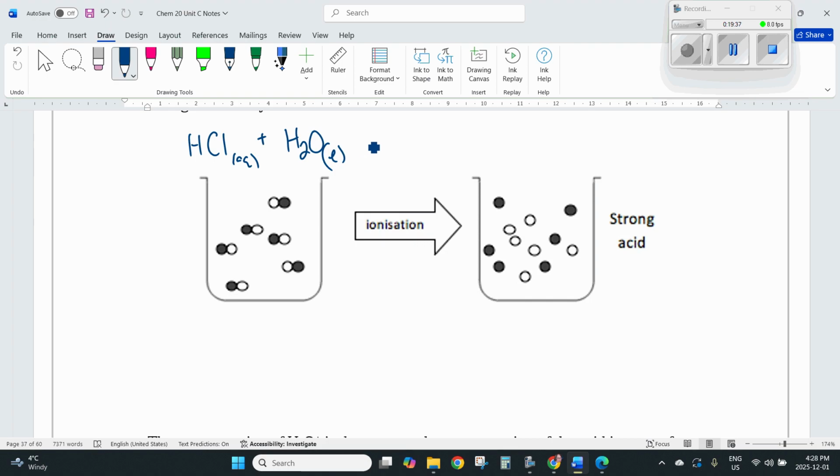According to our rules, acids are going to donate a hydrogen ion. So what we have left is Cl minus aqueous plus H3O plus. Really what it's saying is my acid is going to break apart completely, or at least nearly 100%.